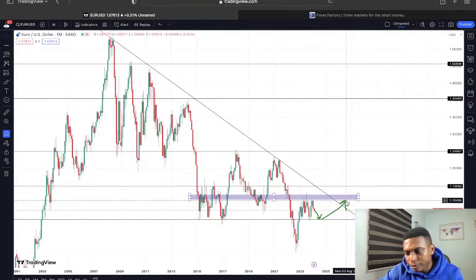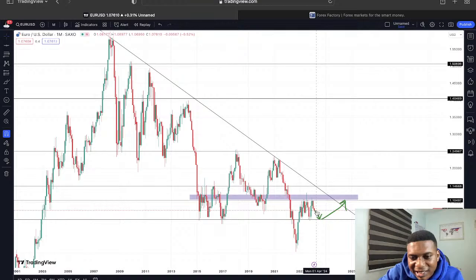I hope that's clear. Again, for you to be profitable, you have to trade what you see, not what you feel. If somebody got that, you can drop it in the comment section.